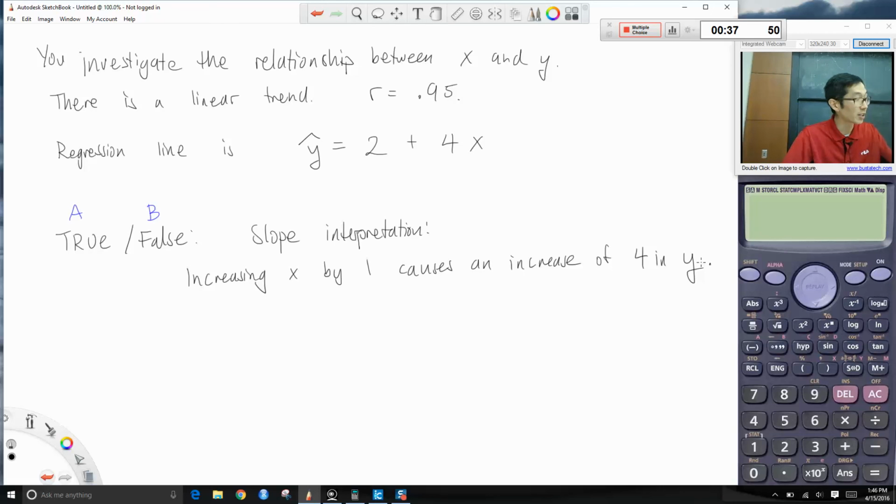So this will be our last. So you can discuss amongst each other and say, is this what the slope means? Y hat is equal to 2 plus 4x. Increasing x by 1 causes an increase of 4 in y.